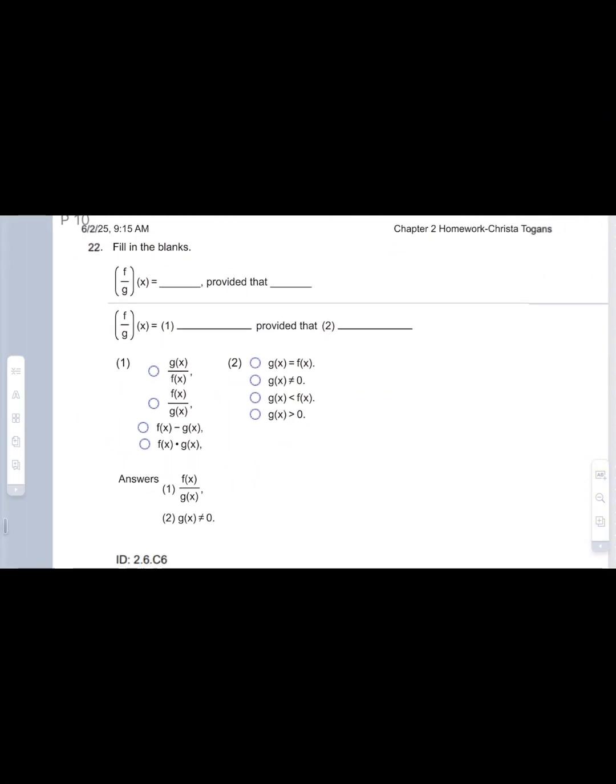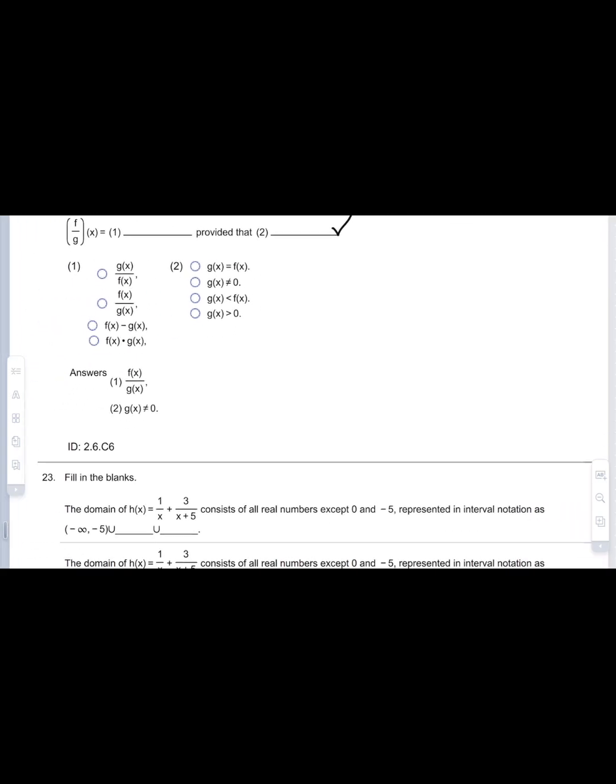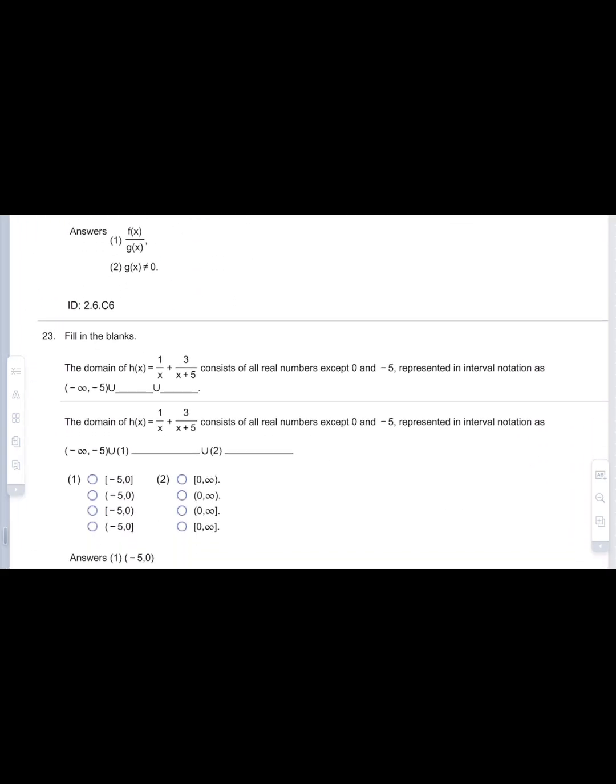I'm pretty sure we did this one already in class. So just follow the examples and just follow my solution right there.